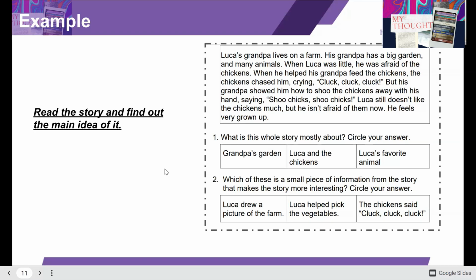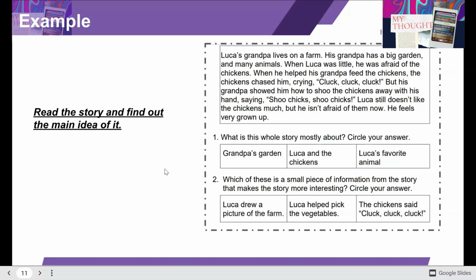For me, again, the second last line: Luca still does not like the chickens much, but he is not afraid of them now. Here I am a little bit confused. The writer is writing once Luca has grown enough.